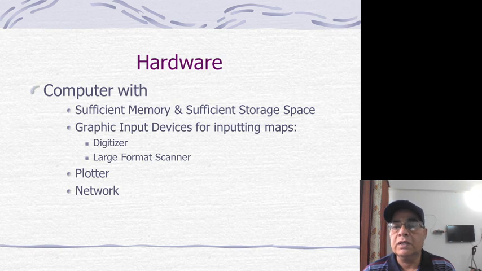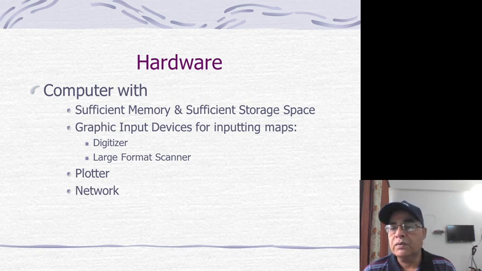In the input we can use the digitizer or a large format scanner. So we are simply scanning and using it in the display unit, so we can input the features, or we can use the large format scanner. Right, for big maps like the topo sheets, A0 size, we can directly scan and put them in.